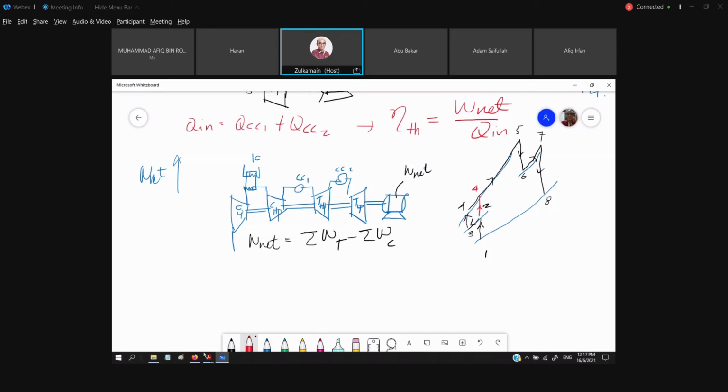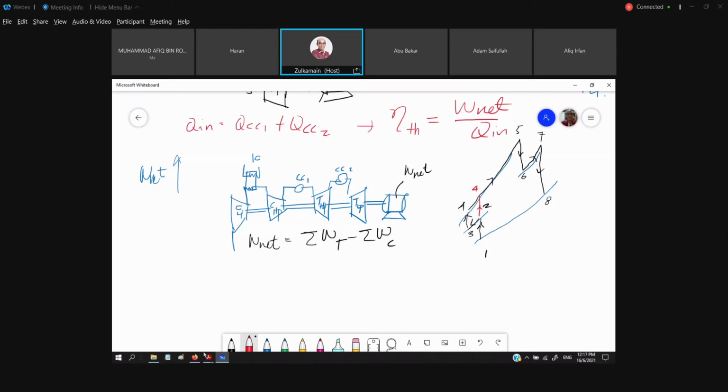So this is the process of the Q in starting from 4 to 5, an increase in Q in without intercooler. But in this case, we are going to increase the W net. So as far as the W net is concerned, we are going to have more W net when we have multi-stage compression with intercooler, because we can reduce the work at 3 to 4.